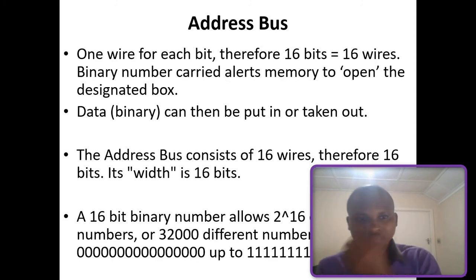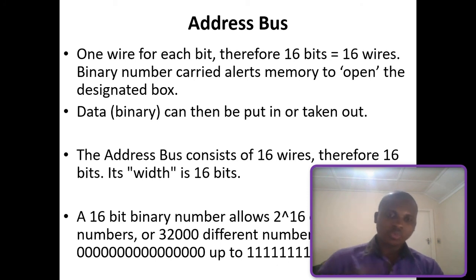Then the address bus has 1 wire for each bit, therefore 16 bits means 16 wires. You see, guys, if you want to transmit an address with 16 bits, a sequence of 16 zeros and ones, it must have 16 wires. Otherwise it has to be done multiple times.